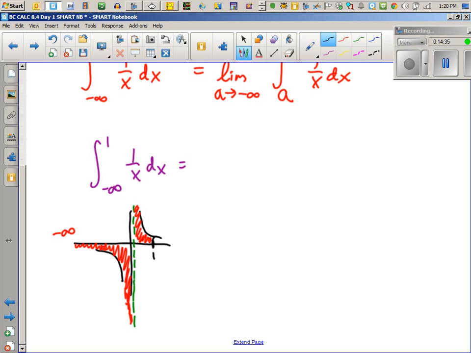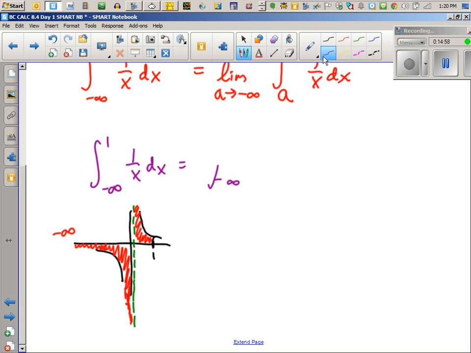So how are you going to rewrite this thing? Well, first, you're going to have to go from negative infinity towards 0. You can't actually get to 0. There's an asymptote in the way. So you're going to go from negative infinity all the way up to some point near 0. You can't put 0 there, so you're going to have to put C or something here.